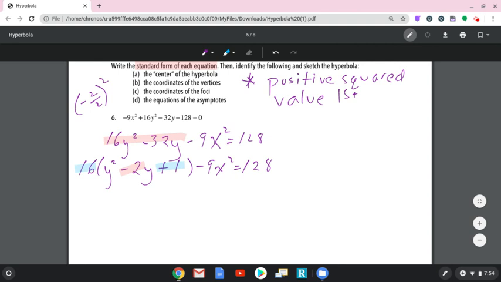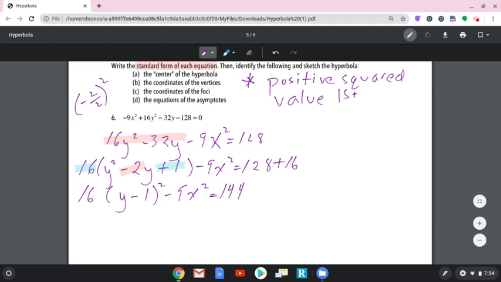So I'm adding 1 inside the parentheses, but I'm really going to eventually multiply that 1 by 16. So I have to add 16 to the other side. And now we factor. You have 16 times y minus 1 quantity squared, because that is a perfect square trinomial, minus 9x squared is equivalent to 144.